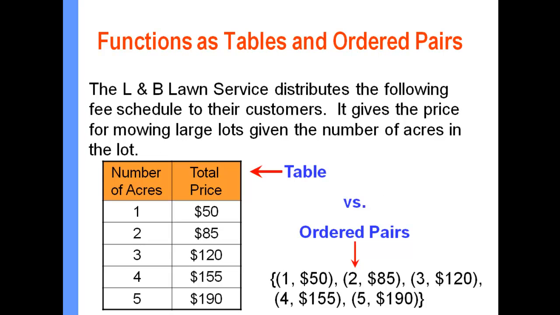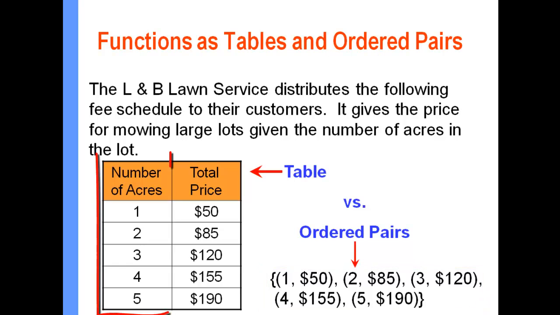Now let's look at functions as ordered pairs and tables. Given the situation where you have a lawn service and they have a certain fee schedule for their customers, we can express this in a table or in an ordered pair.